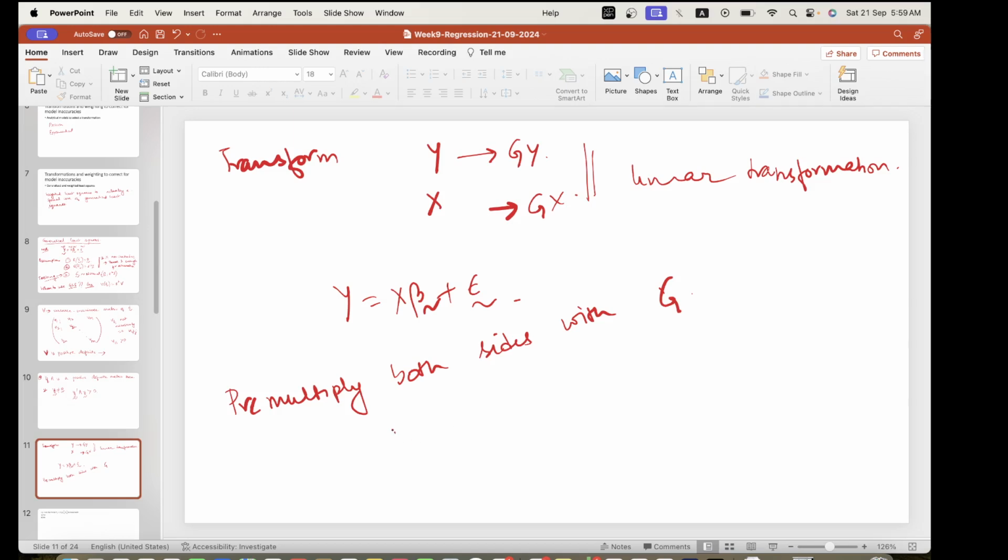We have Gy equal to GX beta plus G epsilon.